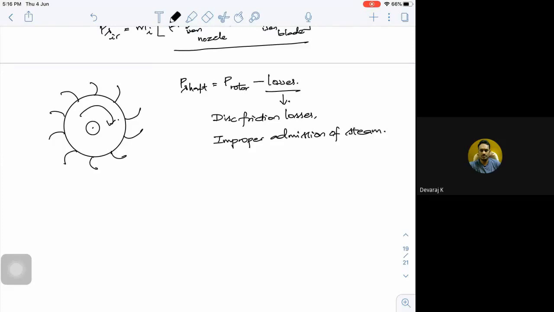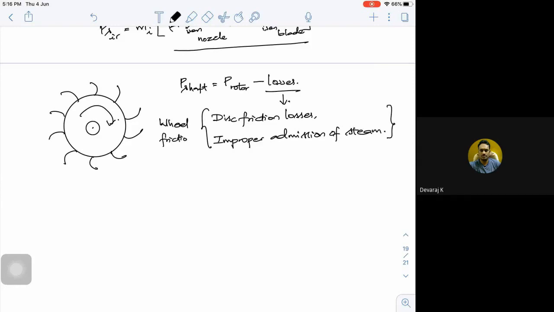So improper admission or partial admission. So these two losses become a little bit major for us. The combined thing, friction and improper admission, they call wheel friction losses.